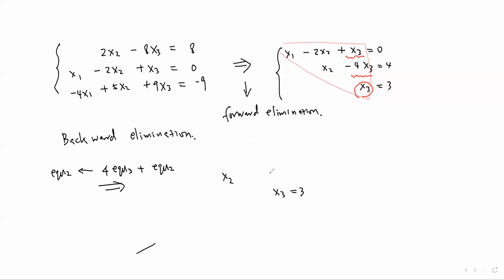Negative 4x3 is gone. It's equal to 4 times 3, 12, plus 4, 16. In this step, the first equation is not changed.